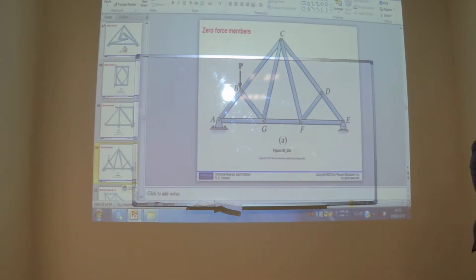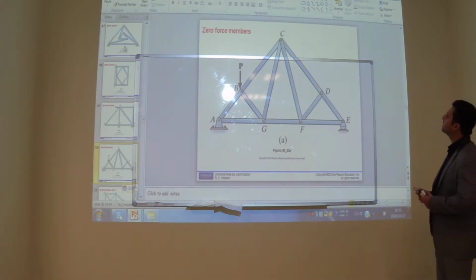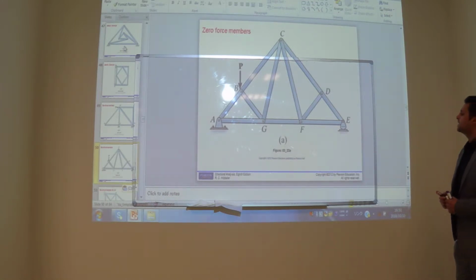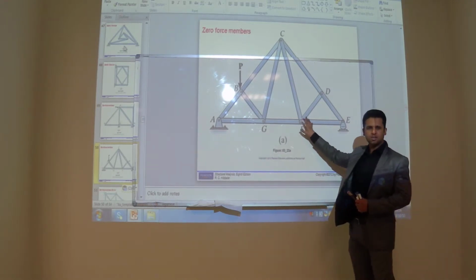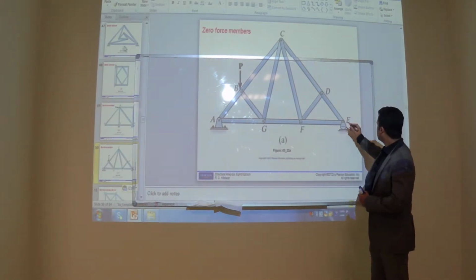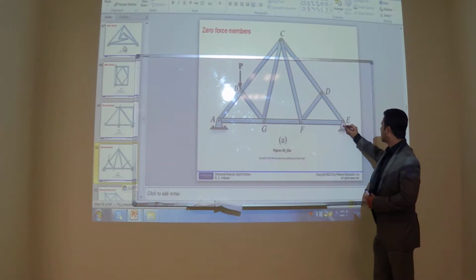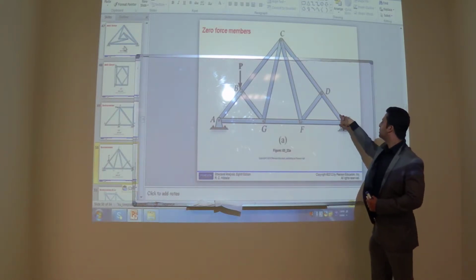What about CF? CF will not be zero. Why? Because it has an angle. Because there are four members. That's the first thing. The other thing, you know, there will be a vertical reaction, so this force will not be zero.